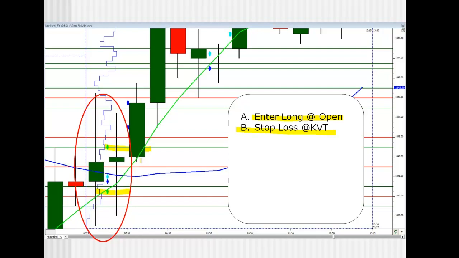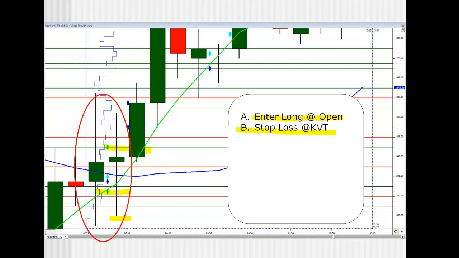And the nice thing about this, if I enter somewhere up here, somewhere around the high KVT, my exposure is somewhat limited. I'm not waiting for the low of the bar. I'm actually relying on the intense volume activity to give me my cues. Now, why would this make sense?